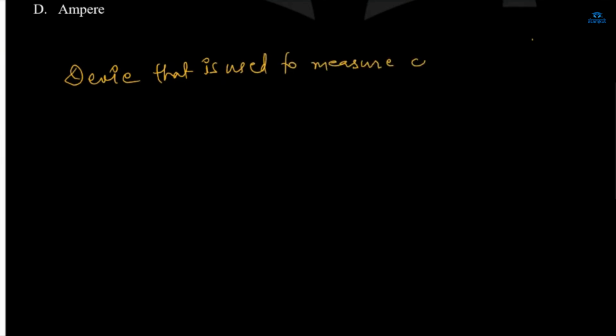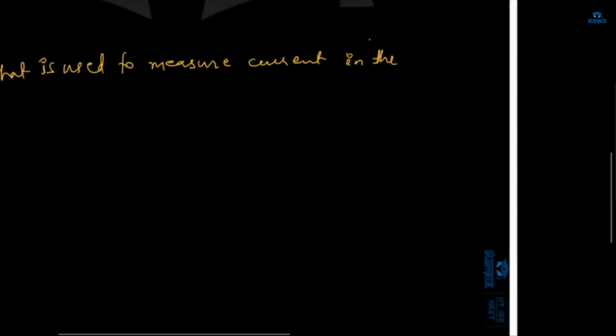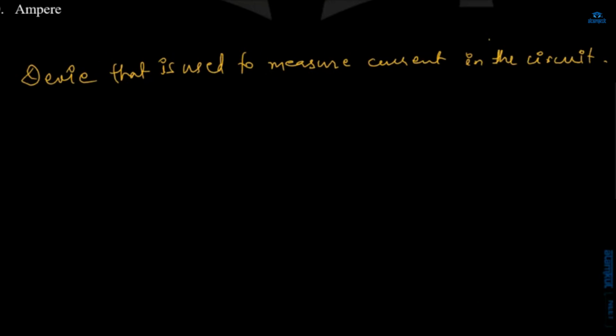Now we'll come to our point. One thing that I forgot to tell you in the last session: what is the device that is used to measure current in the circuit? How much current is flowing in the circuit, how can we know? There must be some device that will measure the amount of current flowing inside the circuit, right?